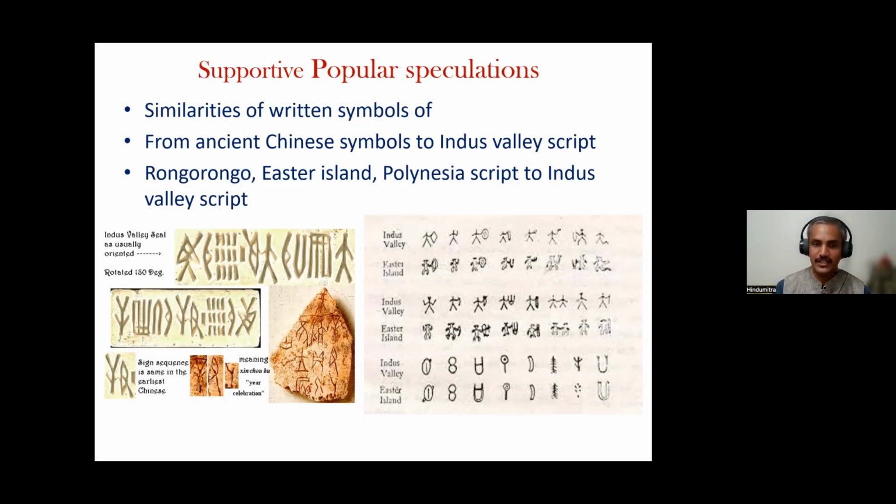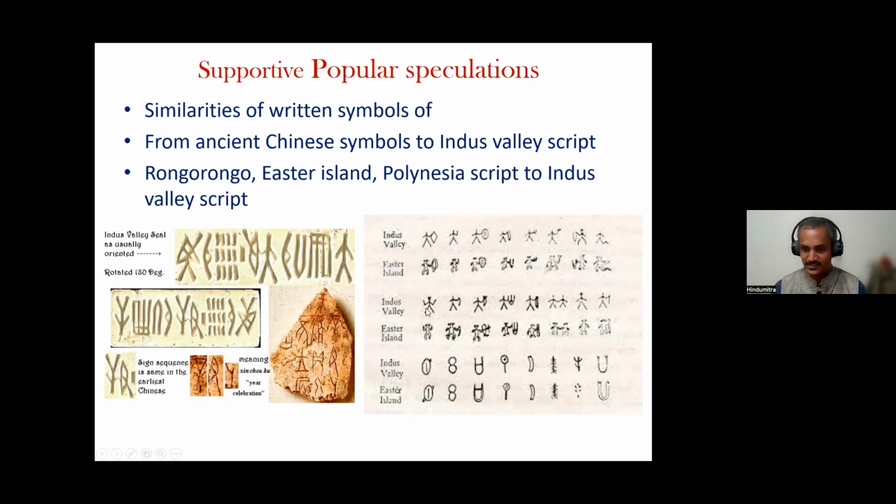For example, in Easter Island, which is in the far east of the Pacific Ocean, they found a certain script, and that script is very familiar to the Indus script. This is the Easter Island script which has been found, and this is the undeciphered Indus Valley script, and you can see they are quite similar.